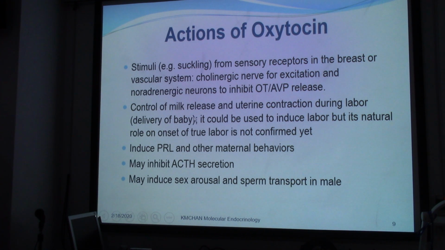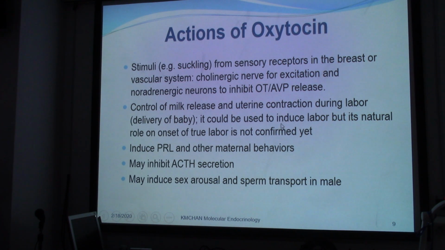So the release of the milk, not really the release of the baby, but for the labor of the baby, it requires muscle contraction, or what we call uterine contraction. So basically the hormone is only inducing or acting on this uterine contraction.